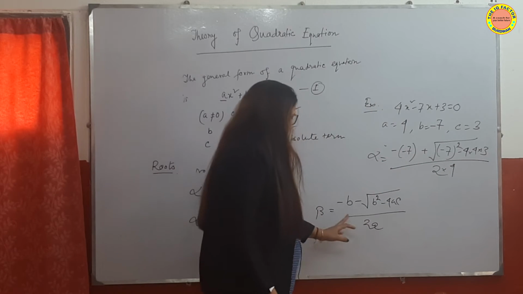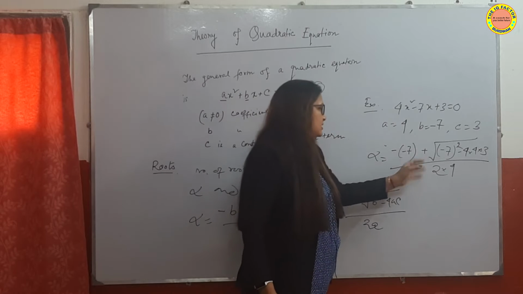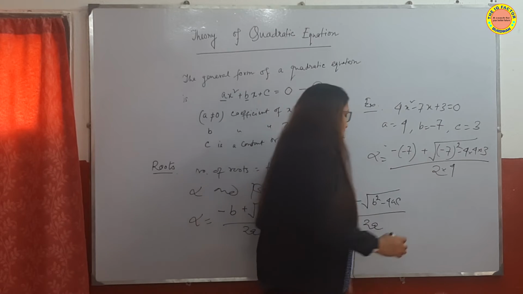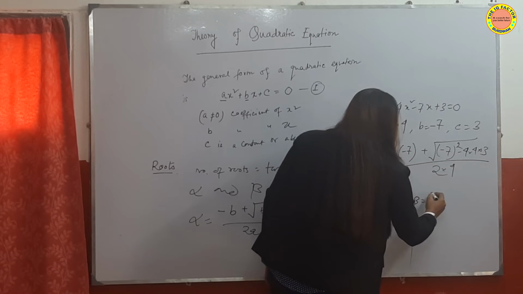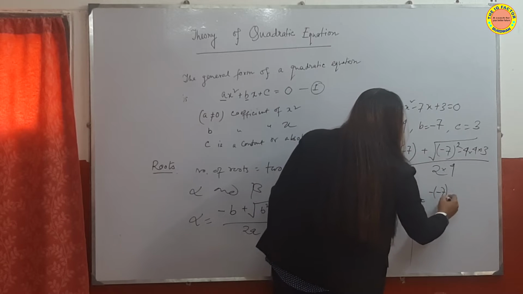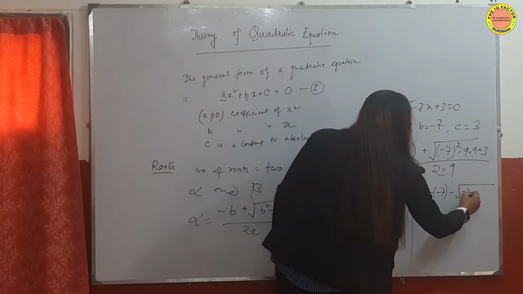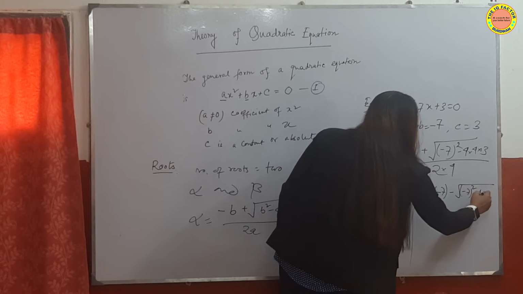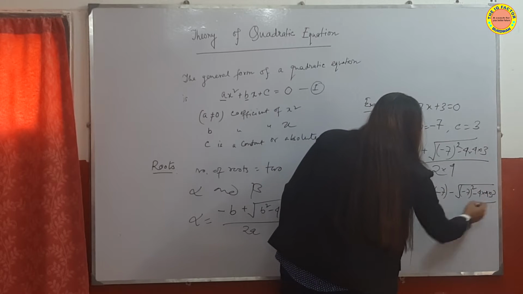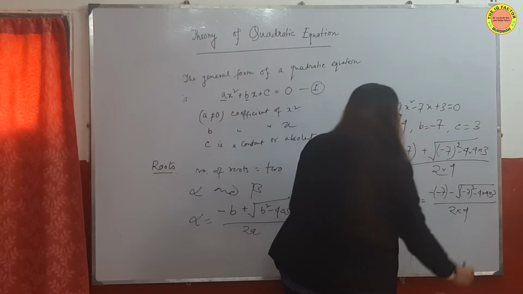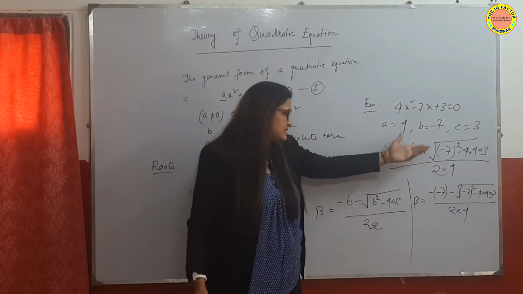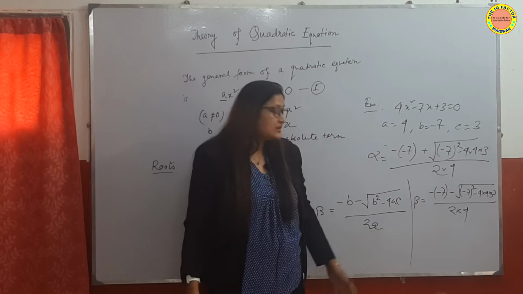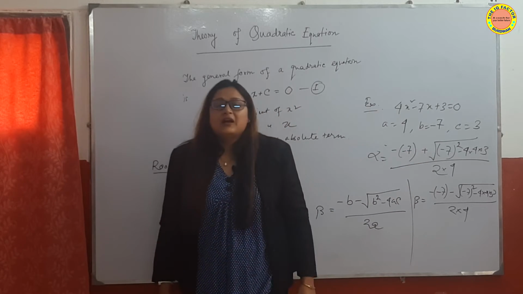Alpha and beta is same expression, only here it will be minus. So beta is equal to minus of minus 7 minus square root of minus 7 whole square minus 4 into 4 into 3 by 2 into 4. I think you can solve it yourself, that is only the simplification is needed and you can find out alpha and beta.